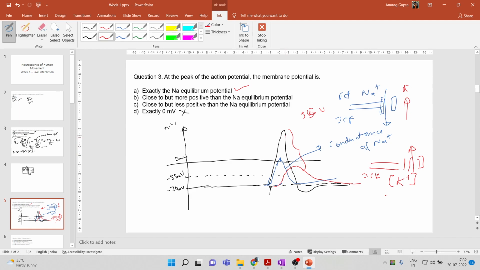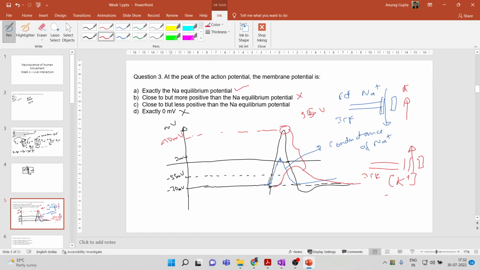So then it starts to decrease. Before it can keep on increasing towards 55, it starts to decrease. Around 40 millivolts is the peak. Okay, so it's close to but more positive than Na plus equilibrium potential.